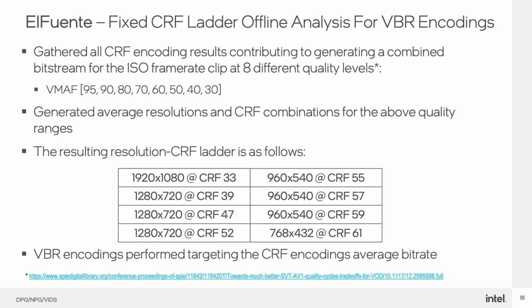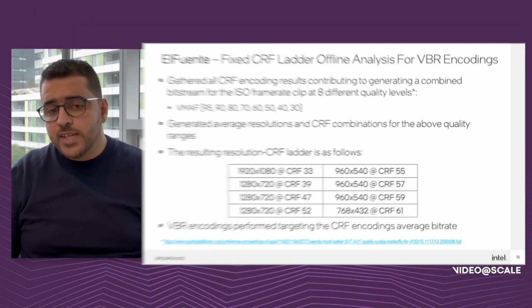We have selected for those 8 quality levels to be matching VMAF 95, 90, 80, 70, 60, 50, 40, and 30. We have then generated the average resolution and CRF for the final streams that would yield those quality levels, and ended up with the table that you see on the slide.